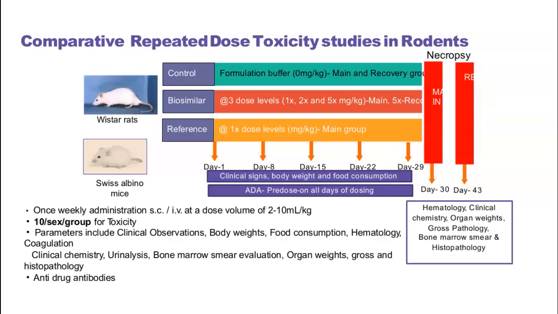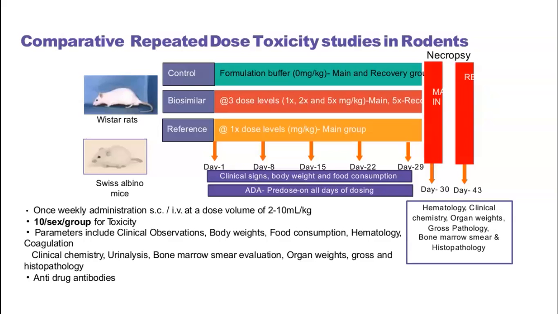Apart from that, we also look at PK and ADA. We can collect the samples on day 1, day 8, day 15, day 22, and day 29. For the anti-drug antibody analysis, if you want to include PK also, we can use a sparse group of additional animals in each group. According to the time points, we can use those animals for the collection of blood for the PK studies.